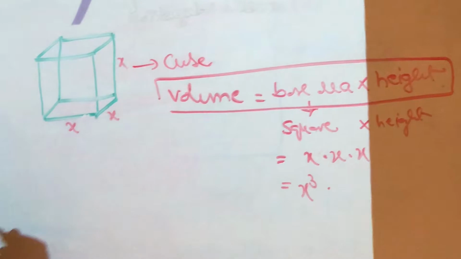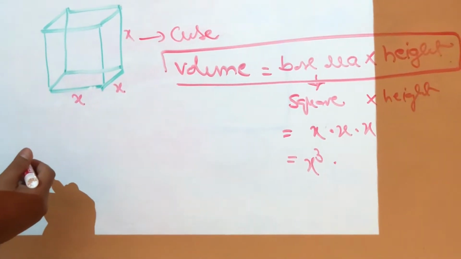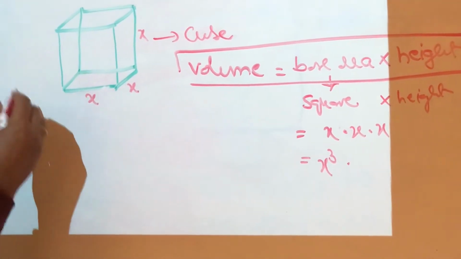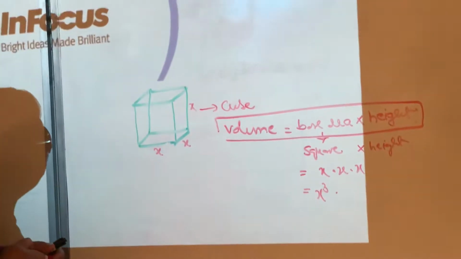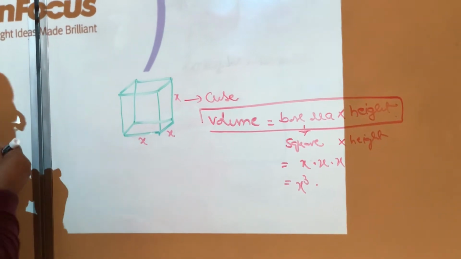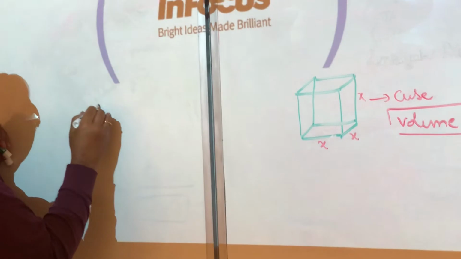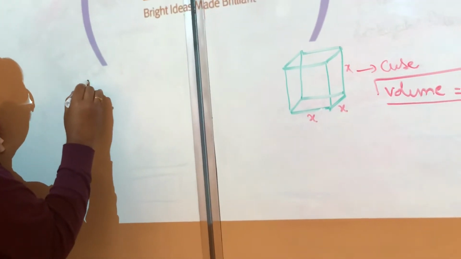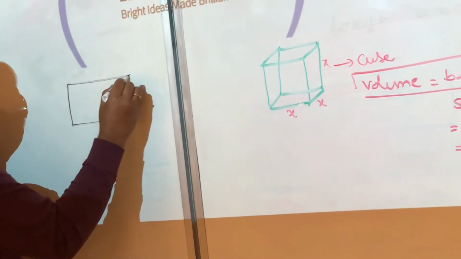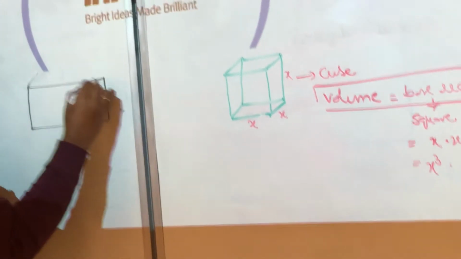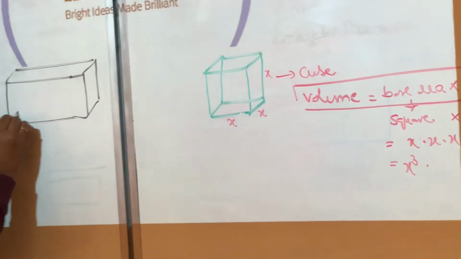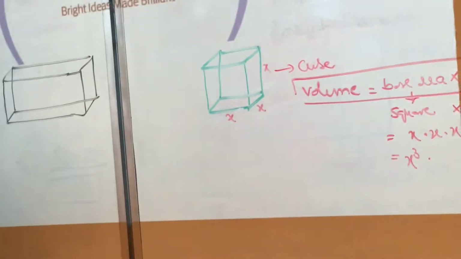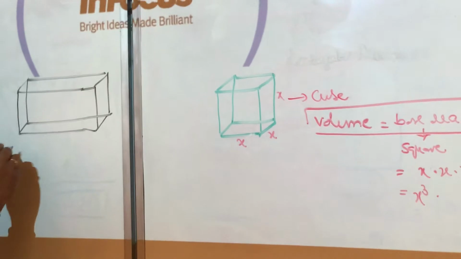Now I'm going to draw a rectangular prism, you can call it a cuboid. So let me draw the cuboid. It is going to look like this. Right, so this is a cuboid with different dimensions.